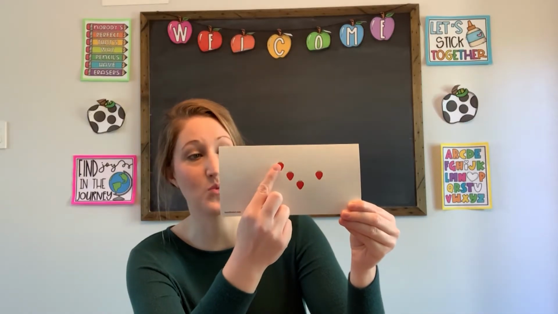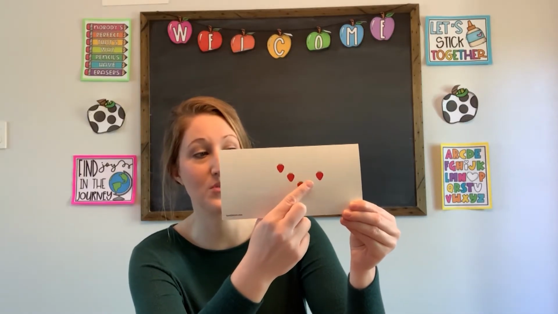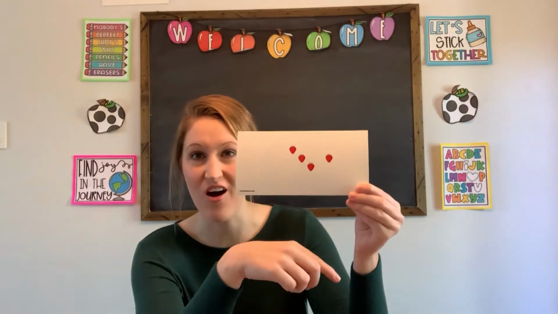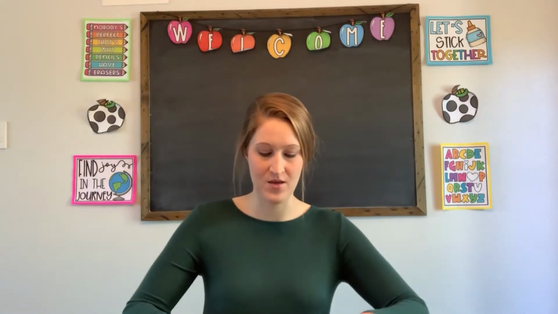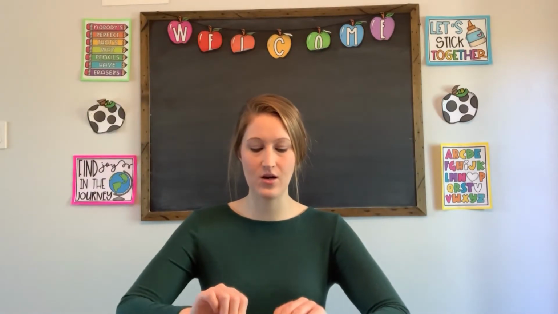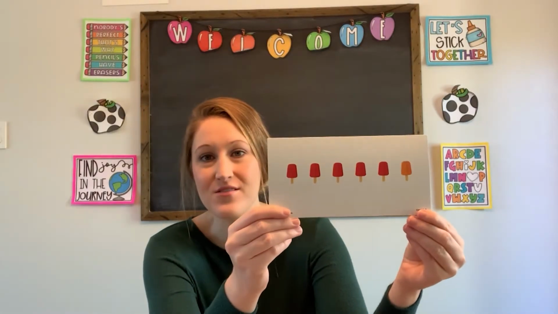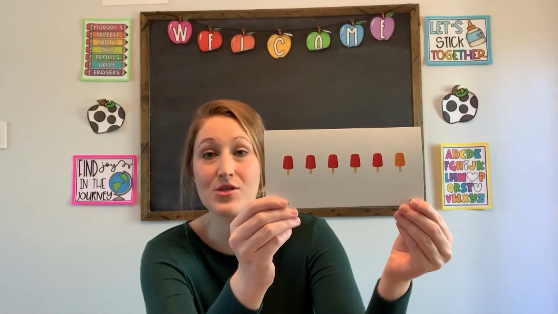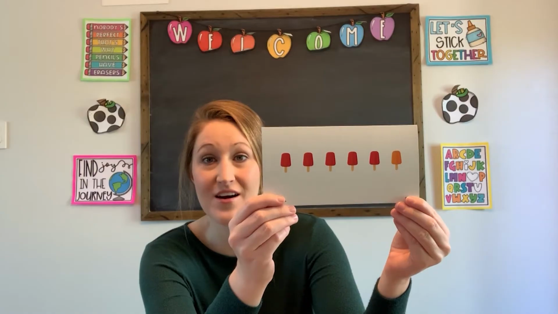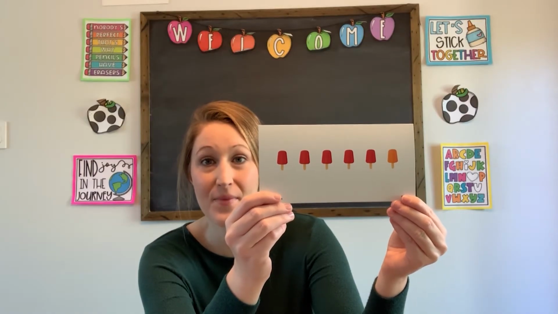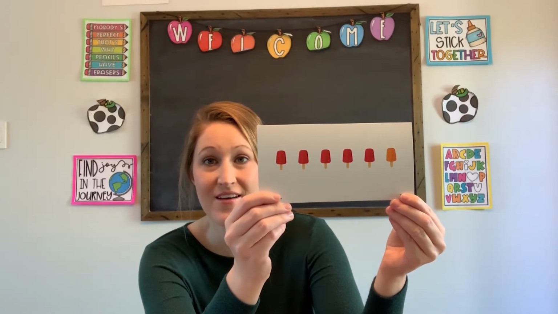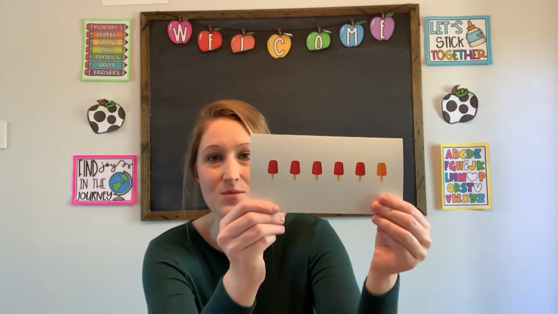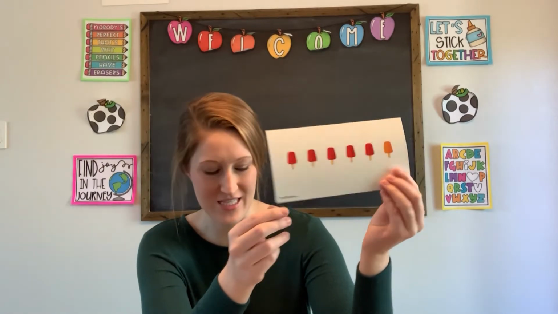You could have counted each one. 1, 2, 3, 4. All excellent ways. All right, here are some popsicles. How many popsicles do you see on this card? Awesome, there's 6 popsicles. You guys are getting really good at this.